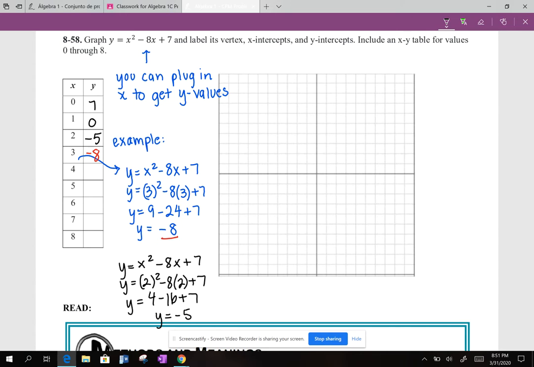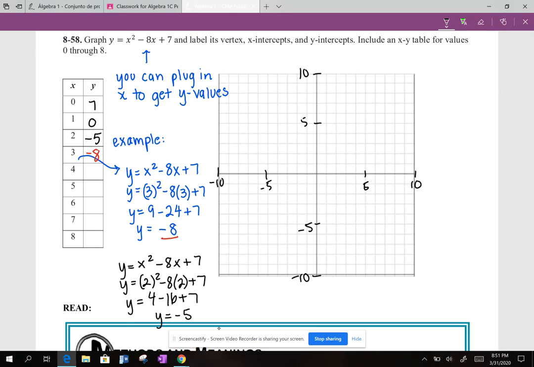All right, now I can start plotting some points. Let me scale these axes really quickly. I'm just going to scale by ones, but I'm only going to mark them at certain intervals. Okay, so we're plotting 0, 7 as our first point.